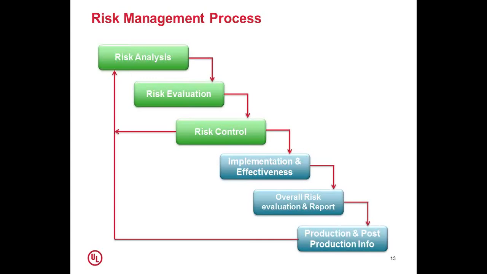But when we get into the field, we may learn that the implementation is of no use or very less effective, resulting in an unacceptable risk. In such a situation, we may need to go back to the risk analysis, do an evaluation again, and implement an additional or replacement control. This is very, very important: the risk management process is dynamic in nature.